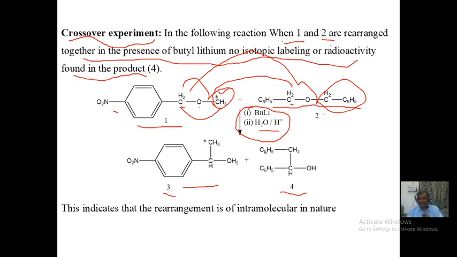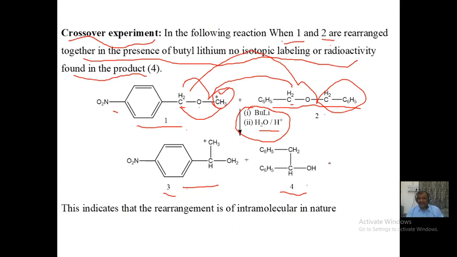If a little amount had gone to this side, then you could say there is a cross kind of interaction. But as it occurs in the same substrate, 1 remains with 1 after migration, giving only product 3. All the radioactive carbon is here in 3.